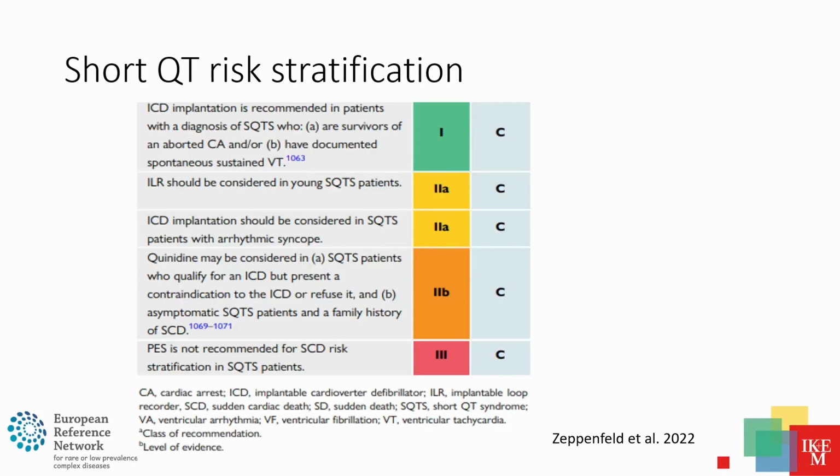The risk stratification is as in all of the channelopathies. Everybody after cardiac arrest or with documented ventricular tachycardia or arrhythmia should receive an ICD, and event recorder implantation should be considered in all young patients with a definitive diagnosis of SQT.